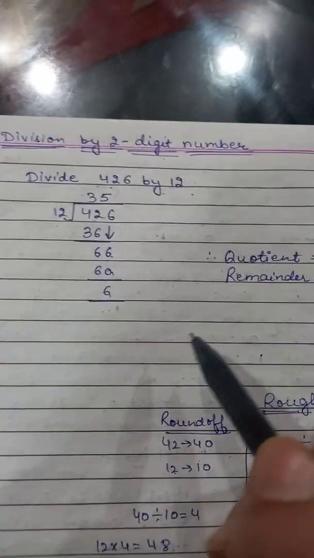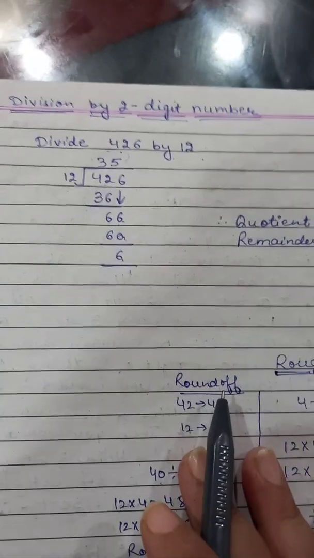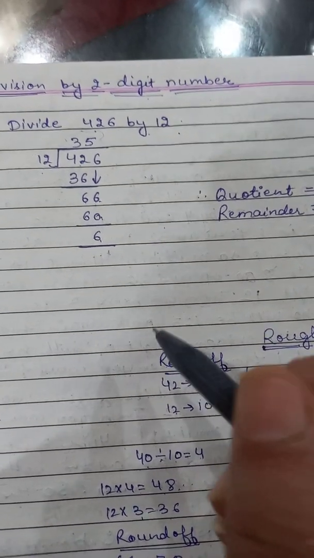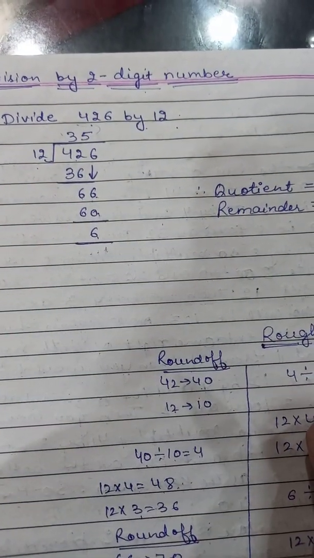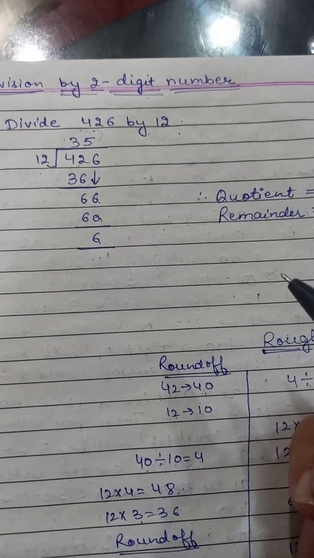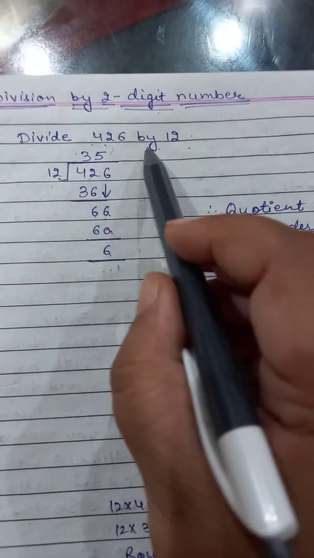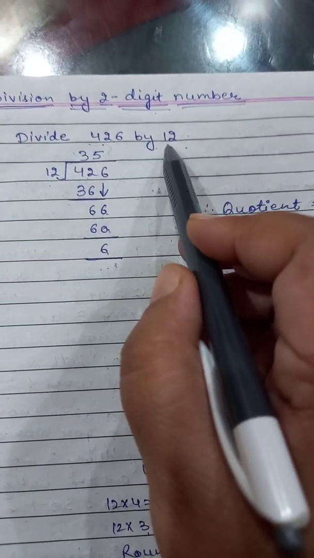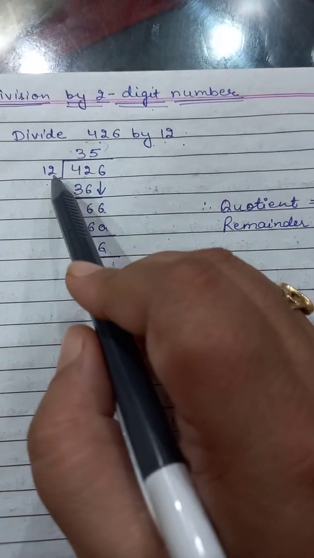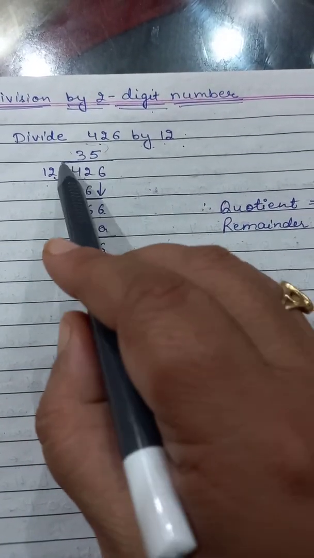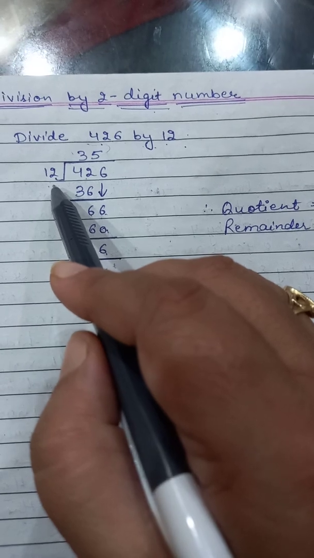Now let us look at the other method where we hide numbers to find out which number will come in the quotient. The second example we will take same, divide 426 by 12 only. So we will take 12 outside and 426 inside the division symbol.